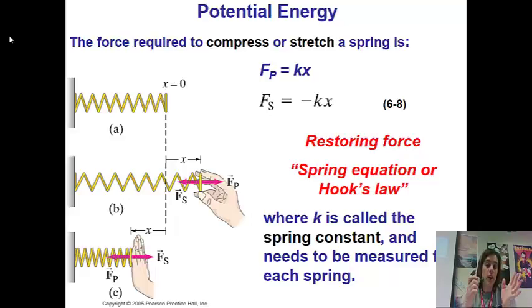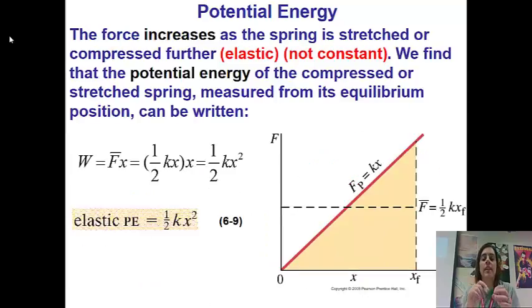We can then find the work done by the spring, or by me, the external force, and we find that elastic potential energy is then 1/2 kx squared, because we can look at the area under the curve of a force versus displacement graph, which is going to be your work. If we're looking at the area under the curve, we're looking at an integral. So work is the integral of force dx.